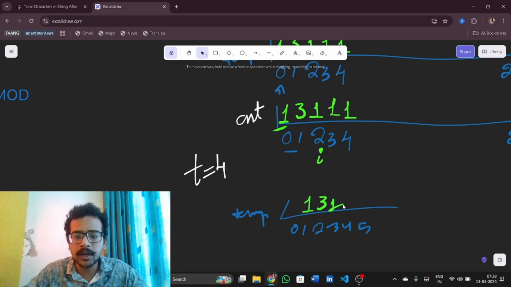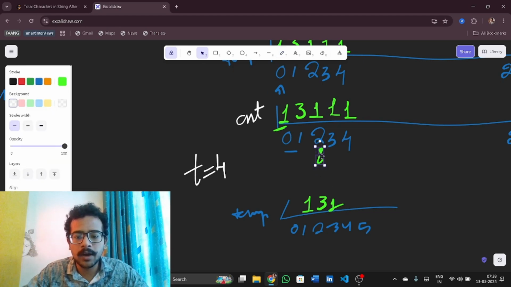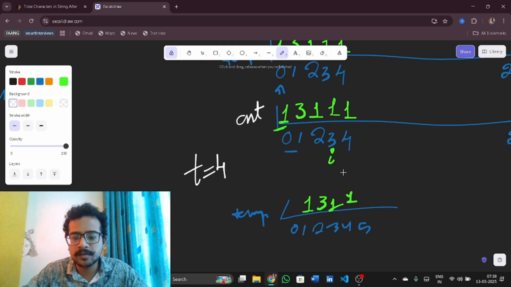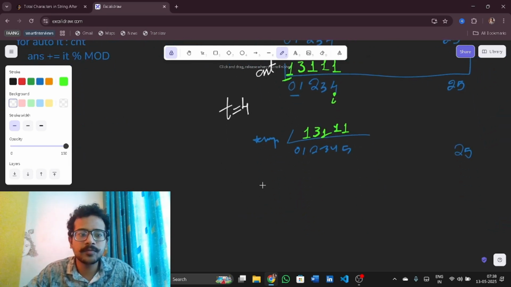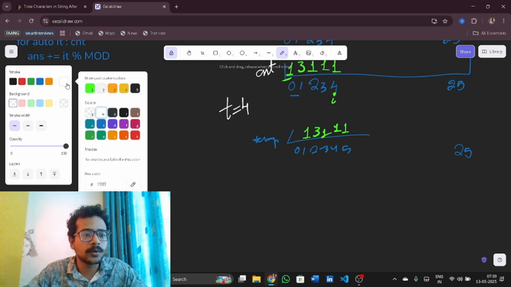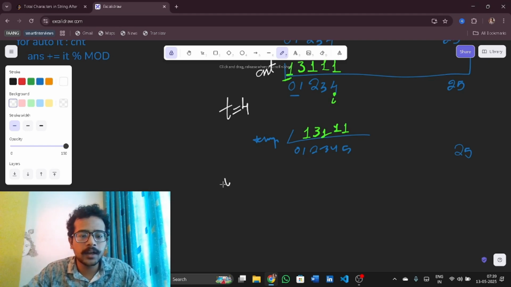Just increment it by 1. Now I is equal to 3. Just increment temp of I plus 1 by 1. Now I is equal to 4. Then increment it by 1. I think it's clear. Then the same thing at t is equal to 3. At t is equal to 3, the temp will be converted to count.